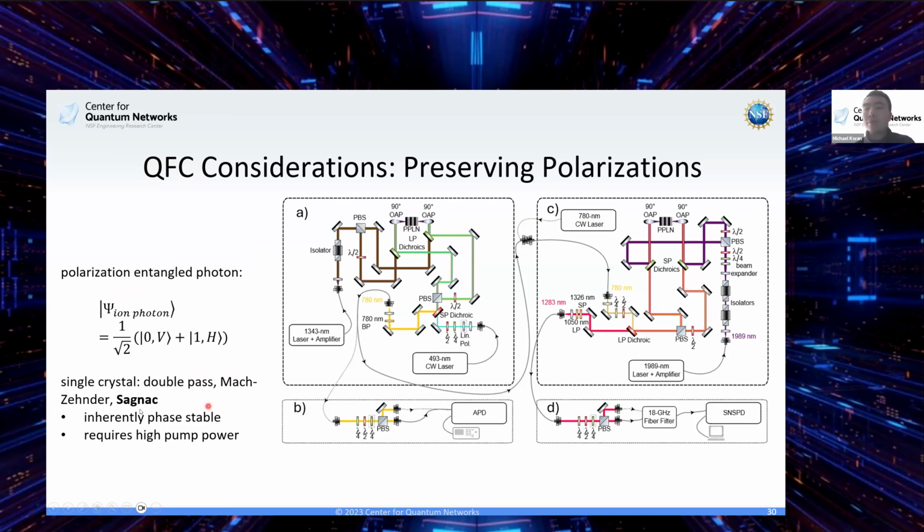There's a double pass, Mach-Zehnder, and the Sagnac. In our case, we went with the Sagnac. It is inherently phase stable, but all of these 3 types of configurations to convert both polarizations require high pump power.